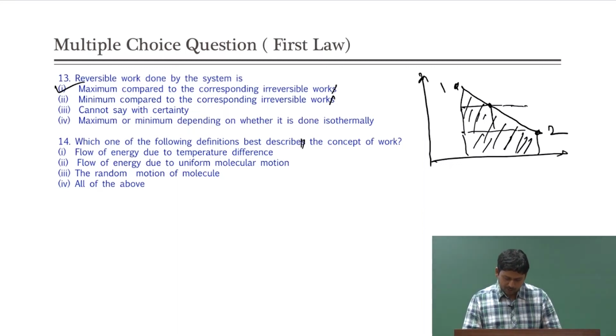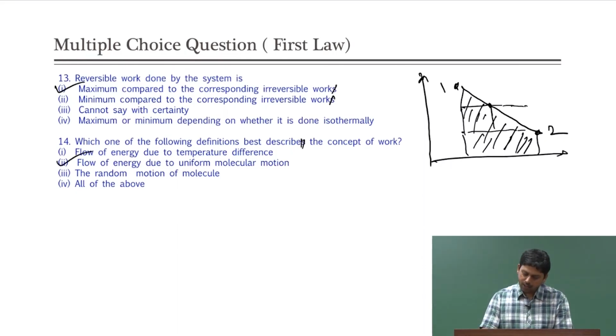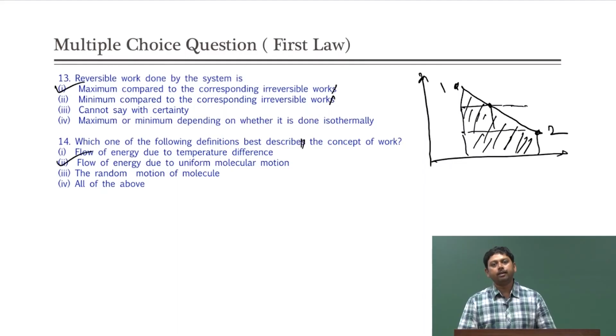So, therefore, I would go with this answer, flow of energy due to uniform molecular motion. And flow of energy due to temperature difference, again that is called heat, right. So, when you do that, due to temperature difference, we know that heat flows, and depending on whether we are talking about solid systems or gas systems, the flow of heat will be different.